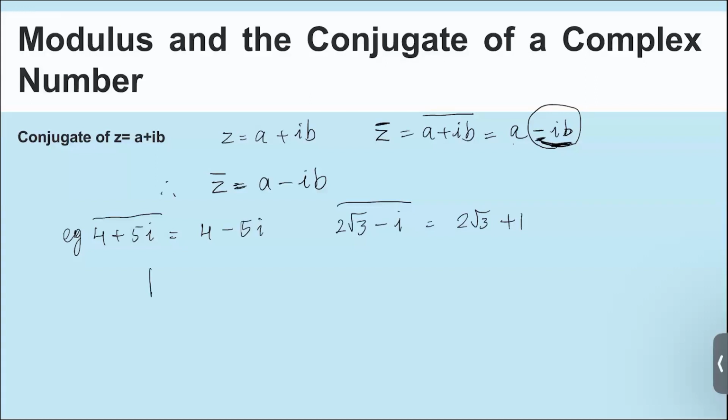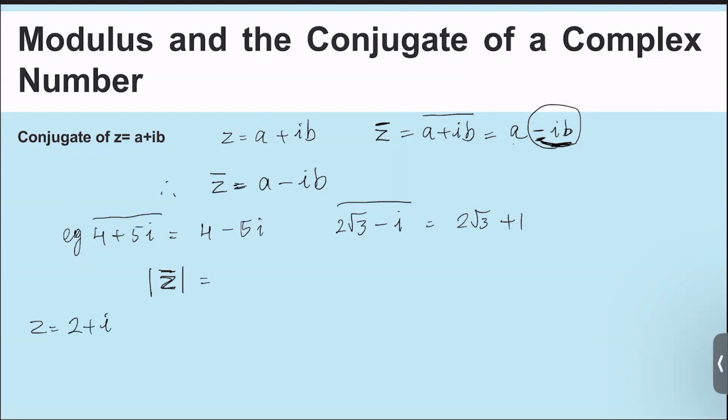So now you are given a combination of both the modulus as well as the conjugate. Okay, so suppose you are given 2 plus i. Okay, so you write the conjugate first, so that is 2 minus i. Now you will see that the sign over here has changed.